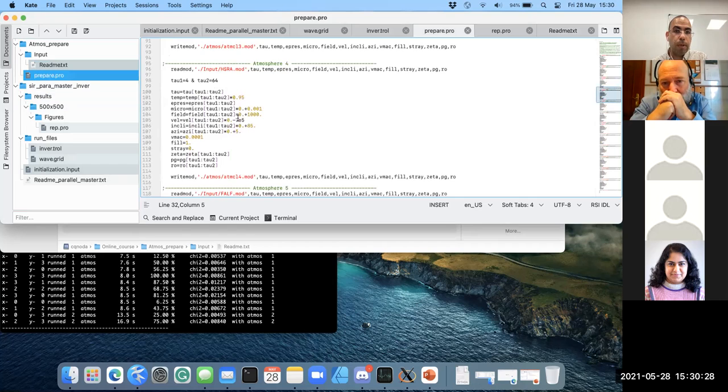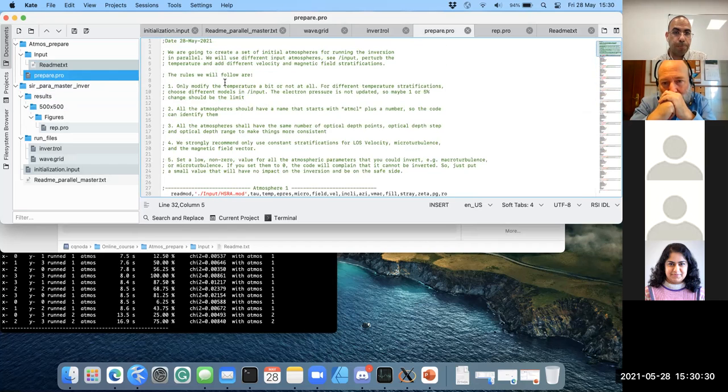So what I do is the following. I'm going to read the atmospheres from this folder, and I will try to follow 5 rules. The first one is that the models represent different physical scenarios, so the temperature stratification is usually different. One is cooler, one is hotter, and one has some variation.